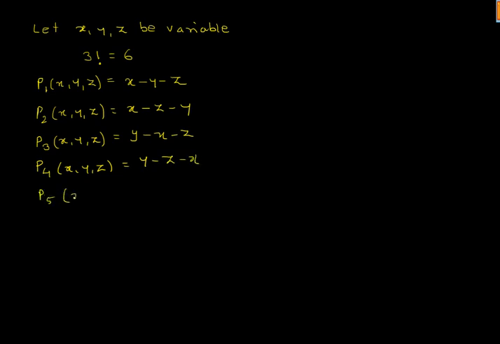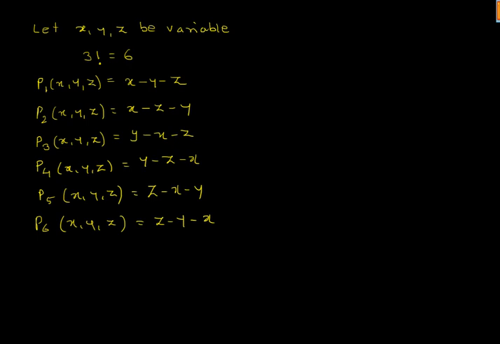The fifth polynomial is z minus x minus y. And the last, sixth polynomial I can write as z minus y minus x. Now I have constructed these 6 polynomials using the one polynomial that was given, P1.